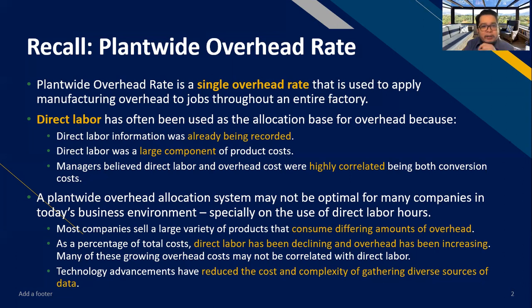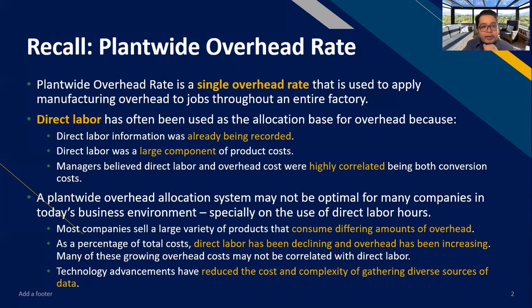And so therefore, since it's already being recorded, it won't take much effort to also use it as an allocation base. Okay. Second, direct labor is usually a large component of product costs, and therefore might be a good way to allocate costs. Since if it's a significant component, then most likely overhead will also be allocated in such manner.